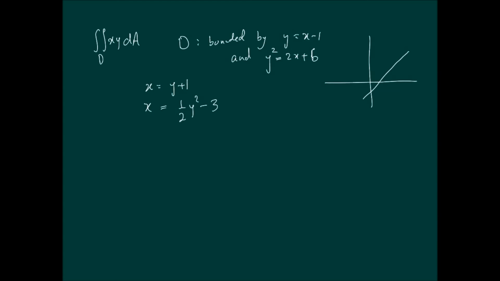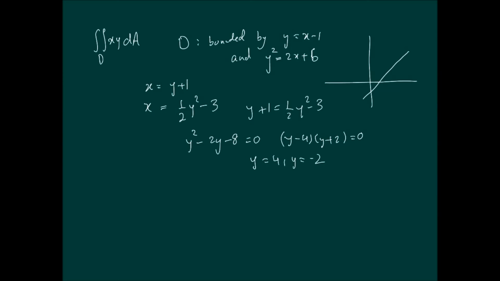In order to do that, the first thing you should do is look for the intersection point. So you should look at y plus 1 is equal to half y squared minus 3, which gives us a quadratic, in fact. This quadratic factorizes, so y equals 4 and y equals minus 2. That gives us the intersection points.